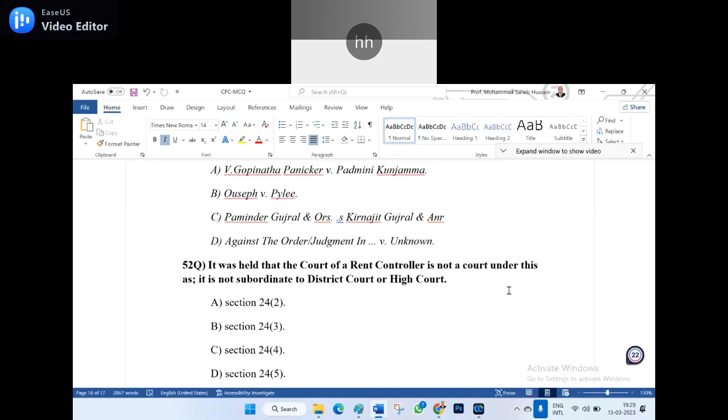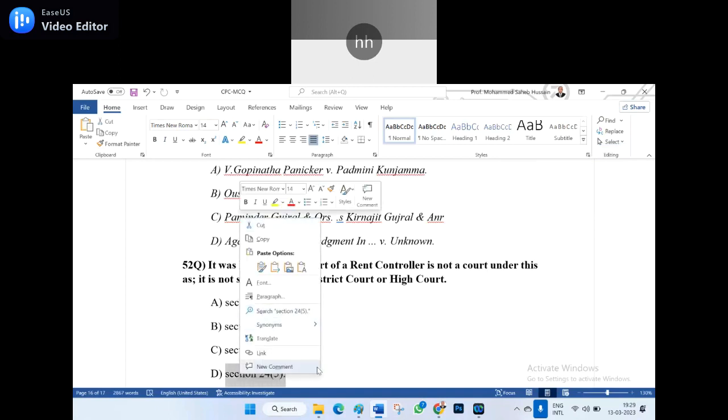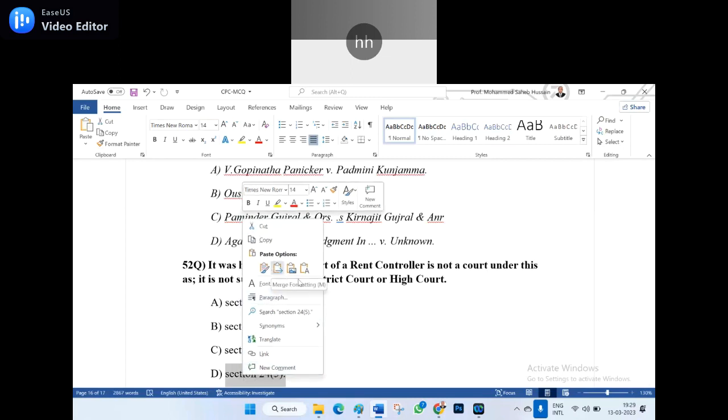Sir, B, Section 24(3). I don't think that's the right answer. Let me check it, because even I doubt it. My answer is Section 24(5). That is what I feel.